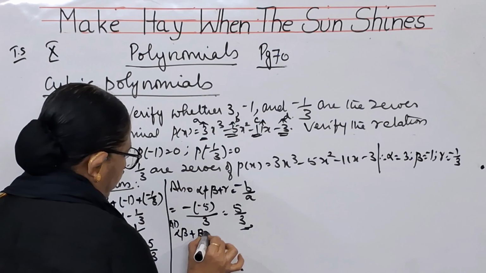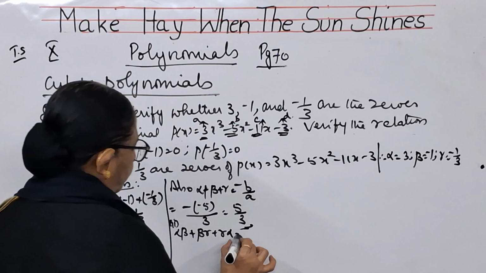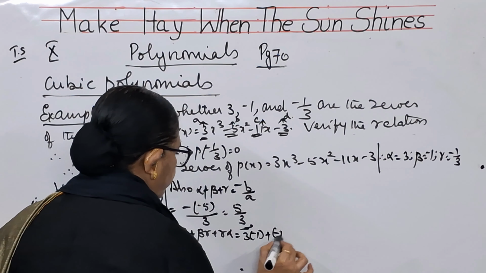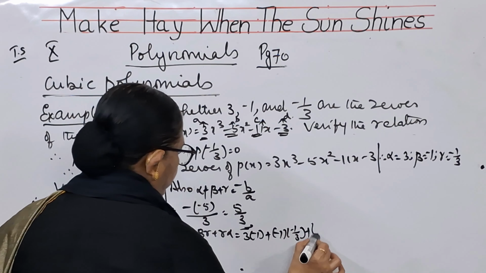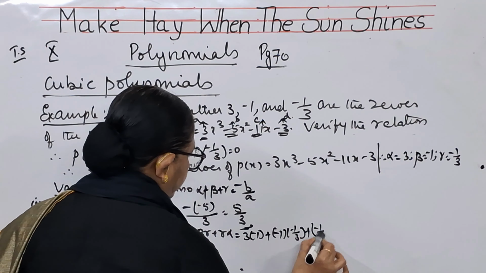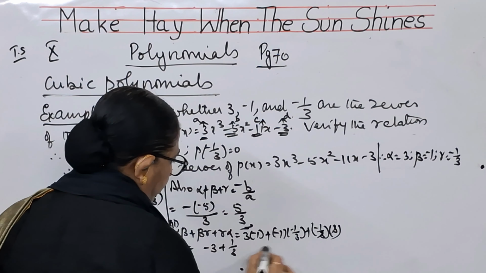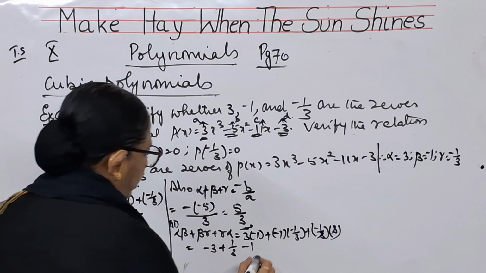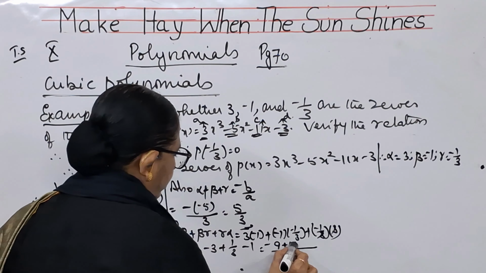Now, next one, alpha, beta, second one. Alpha beta plus beta gamma plus gamma alpha is equal to alpha into beta, 3 into -1, plus beta into gamma, -1 into -1/3, plus gamma into alpha, -1/3 into 3. So, what are you getting? -3, minus into minus plus 1/3, 3 and 3 will get cancelled, -1. So, what do you understand by it? You can take LCM 3: -9 plus 1 and -3.